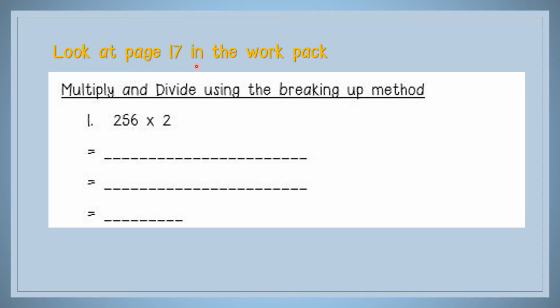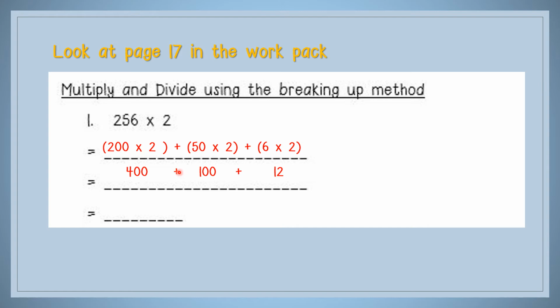Now let's look at page 17 in the workpack. It says multiply and divide using the breaking up method. So we got the first one, 256 times 2. So let's do our first step. Our first step is to break up 256 into 100 tens in units. So 200 times 2 plus 50 times 2 plus 6 times 2.